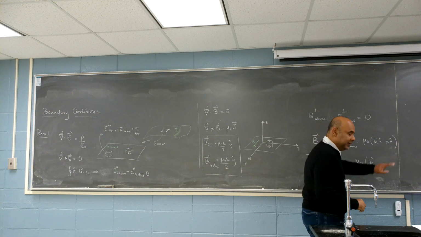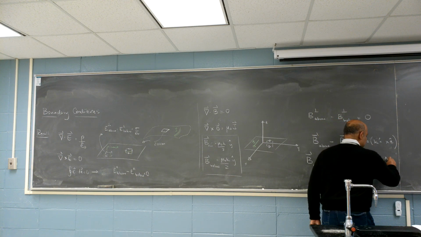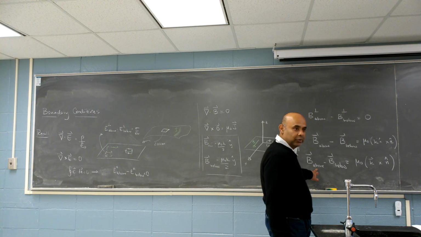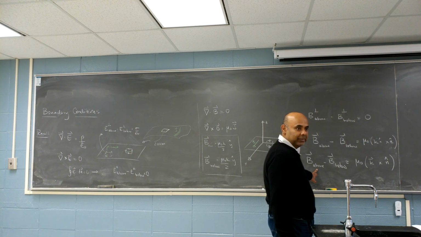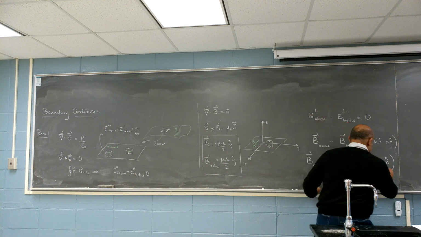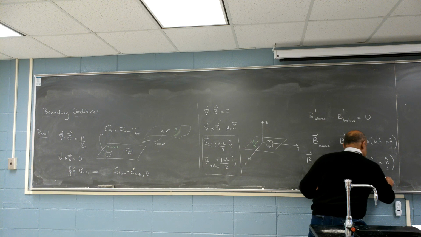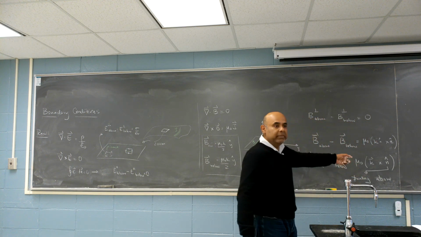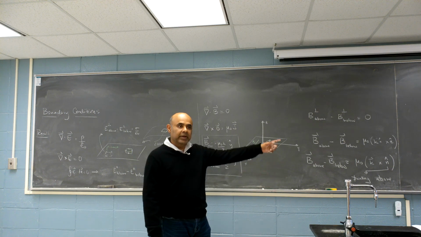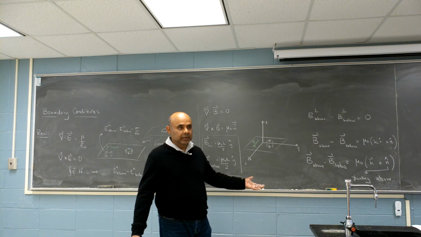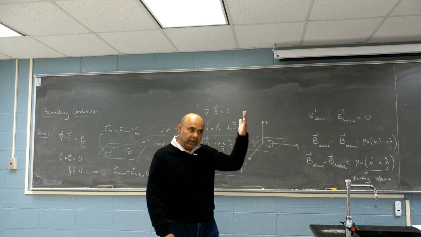And z is nothing but the normal. Correct? Normal pointing above. There are two normals. One points above and one points below. In fact, that's what we mean by above in this equation. The direction n is pointing in. You pick the n you want, but whatever direction n is pointing in, we call it above.